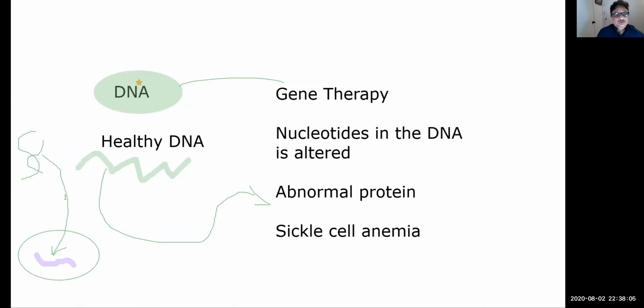So how to take care of this? What scientists have done is, you need a vehicle to transport healthy DNA into the bone marrow of a patient who has a mutation by which his hemoglobin is sickle shaped and has problems.